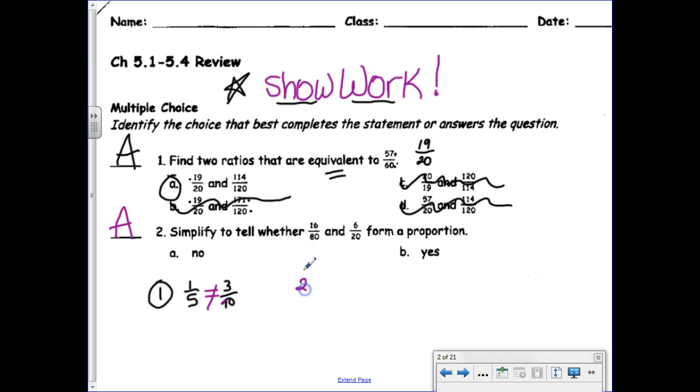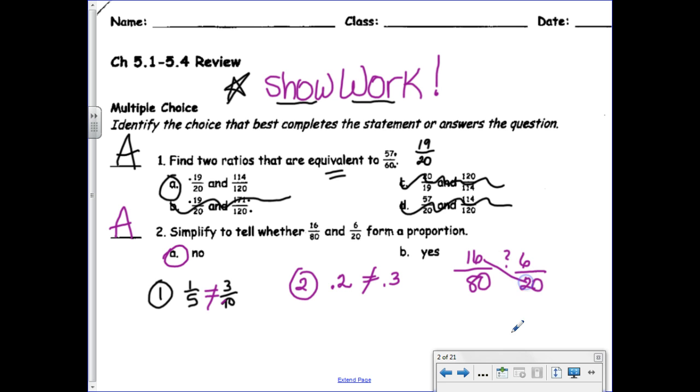A second way would be take each of these and turn them into a decimal. 16/80 as a decimal is 2/10. 6/20ths as a decimal is 3/10. Those are not equal. No. Finally, to test when something's a proportion, you can test the cross products and see if those indeed are equal to each other.